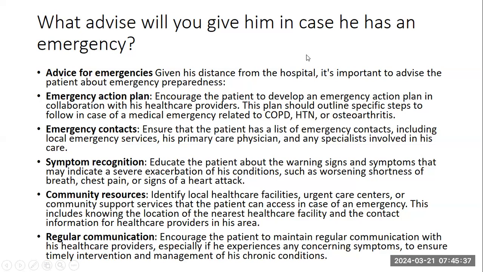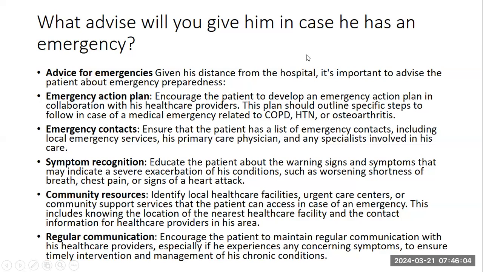First of all, we are going to have an emergency plan agreed between me as a physician and the patient. I encourage the patient to develop an emergency action plan in collaboration with the healthcare provider. This plan should outline specific steps to follow in case of medical emergencies related to COPD, hypertension, or osteoarthritis.